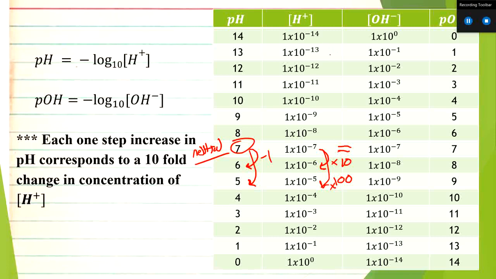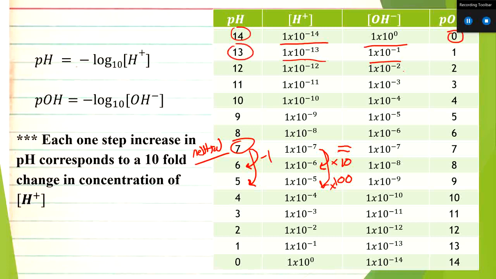Something else you might notice: if we have a solution that has a pH of 14, for example, then the concentration of hydrogen ions is 1 times 10 to the negative 14, and the concentration of hydroxide is 1 times 10 to the 0, or just 1. If we have a solution of 13, we have these concentrations, and you notice at a pH of 14, pOH is 0.